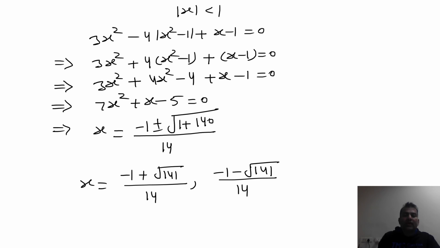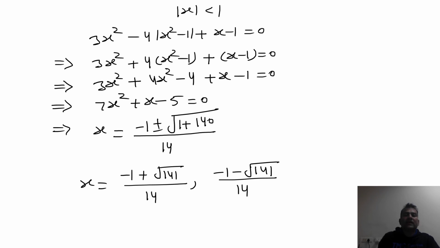Again we have to check whether these two roots satisfy mod x less than 1 or not. Square root 141 is less than 12, so 12 minus 1 is 11, 11 upon 14, that means it is less than 1. Similarly for the other, minus 1 minus 12, so minus 13 upon 14, so it is greater than minus 1.